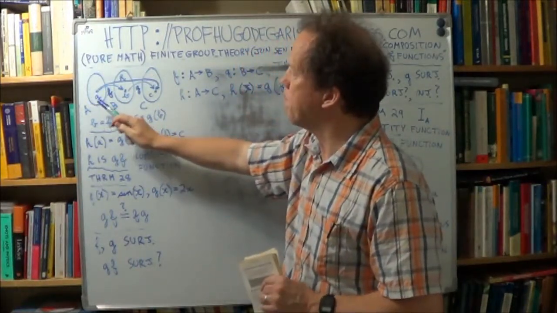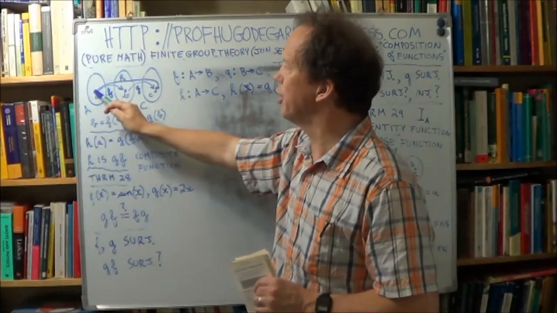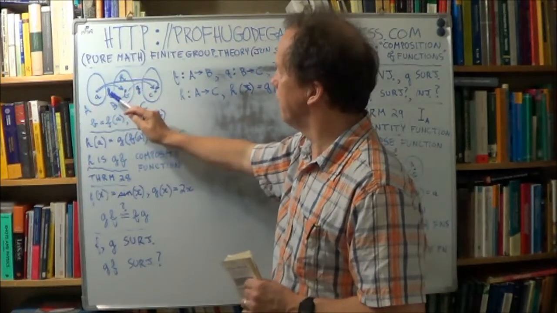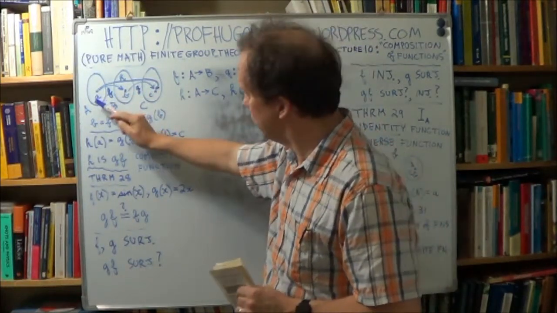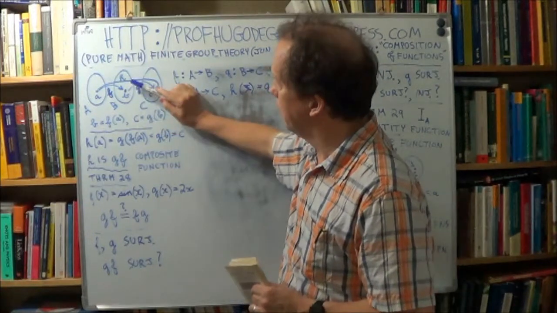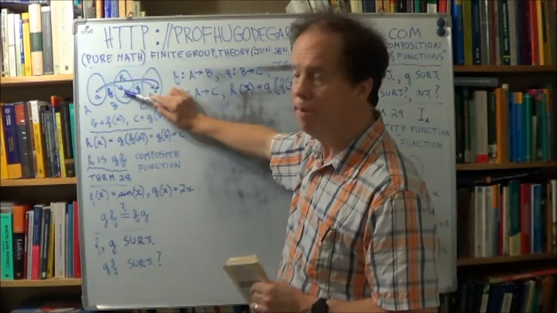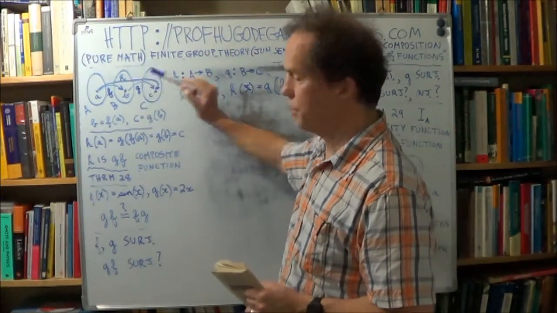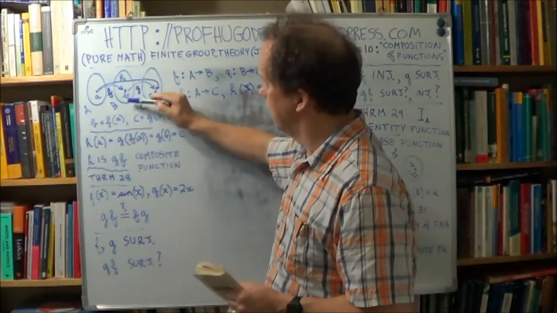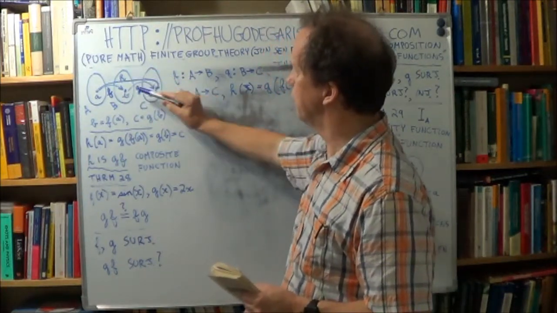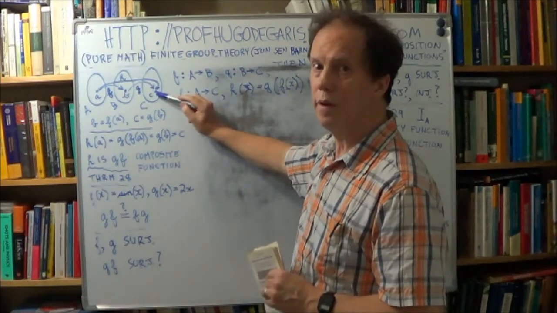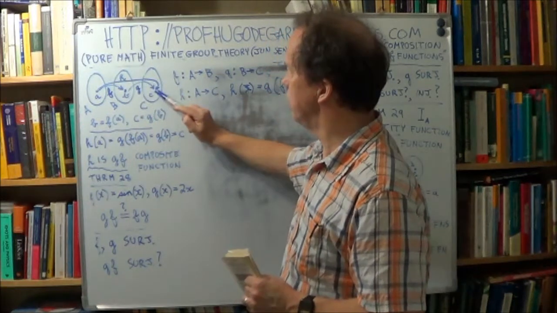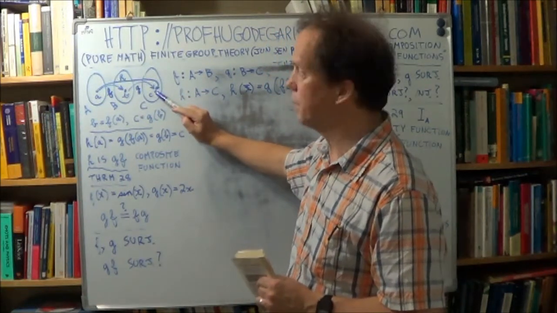Take any element a, a general, random element in set big A. Now, you're told that f is a function. Therefore, this a will map to a single element in B. And g is also a function, so it will take any element here and map it to a unique element in C. So for any element here, you get a unique element in C.